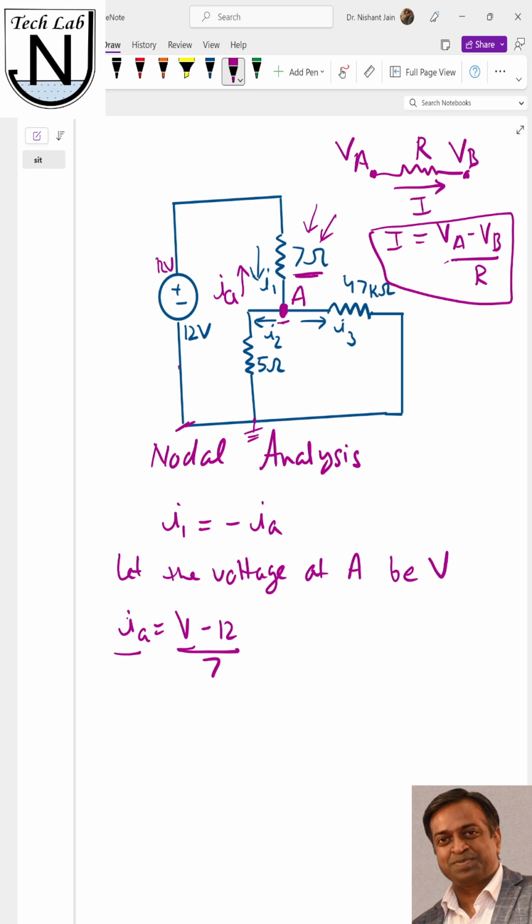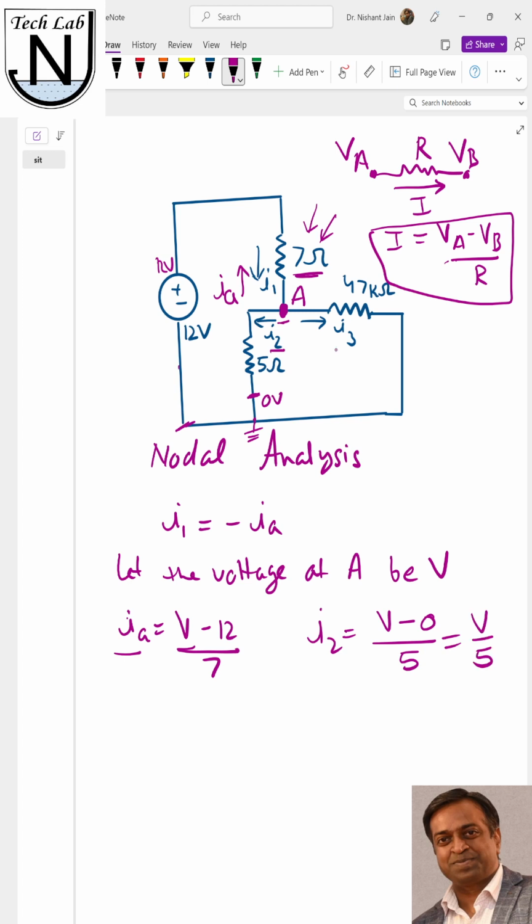Similarly for I2, the voltage at A is V and the voltage over here is 0 volt, so it is V minus 0 upon 5, which is simply V upon 5.